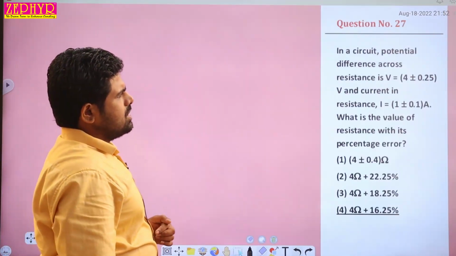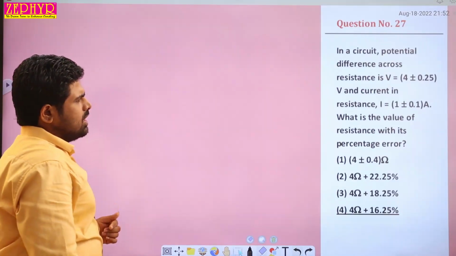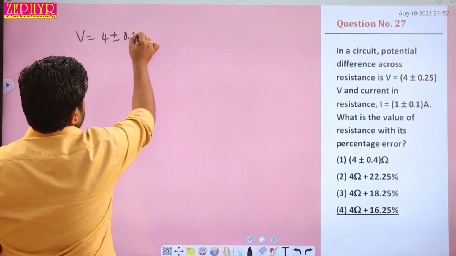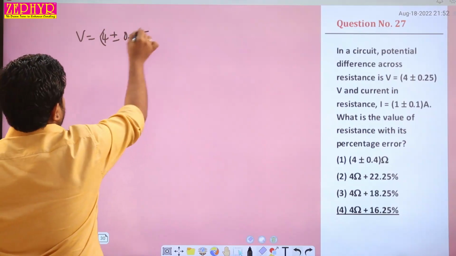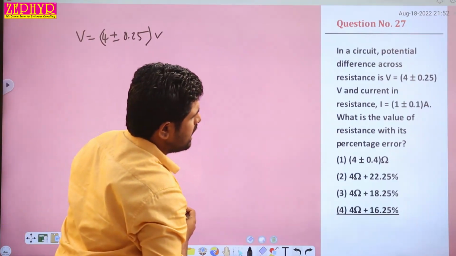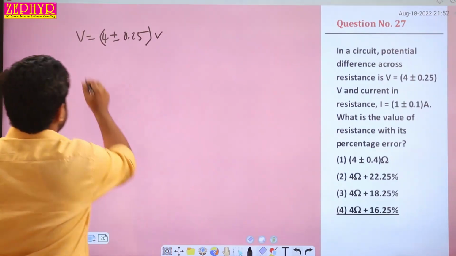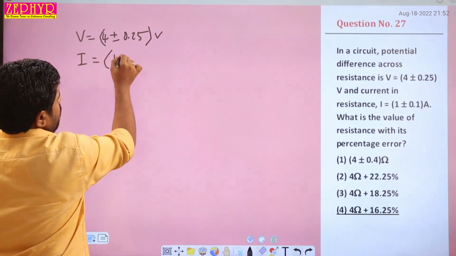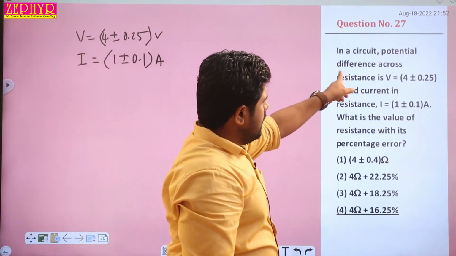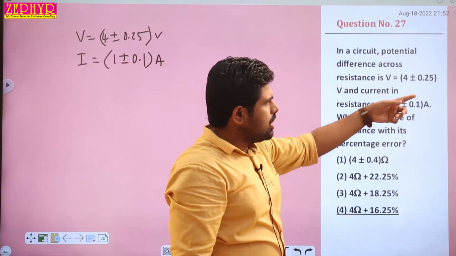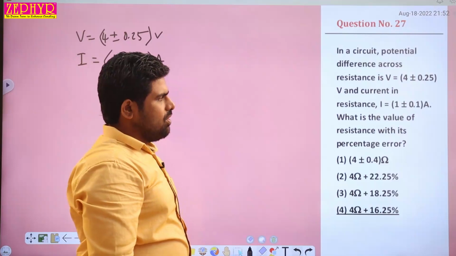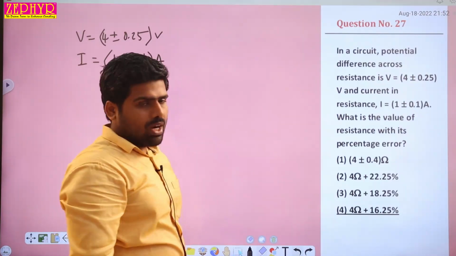Then question number 27. In a circuit, potential difference across resistance V is equal to 4 plus or minus 0.25 volt, and current in resistance I is equal to 1 plus or minus 0.1 ampere.